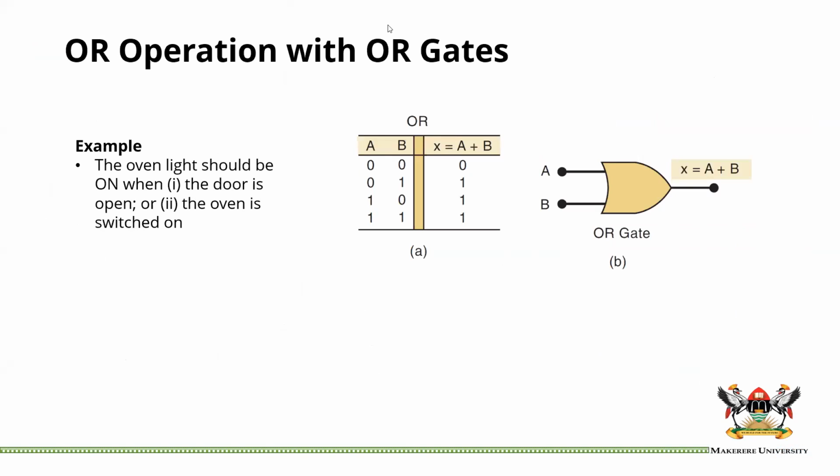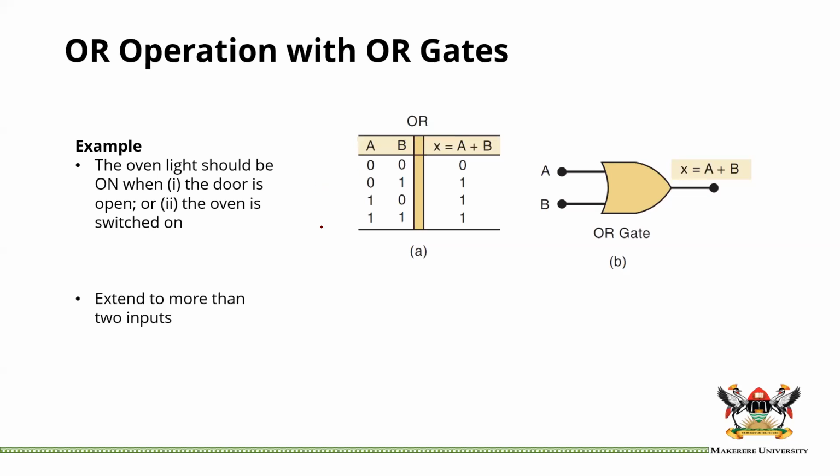Meaning that for any of the inputs, as long as at least one of the inputs is a 1, the output will be 1, irrespective of the other inputs.